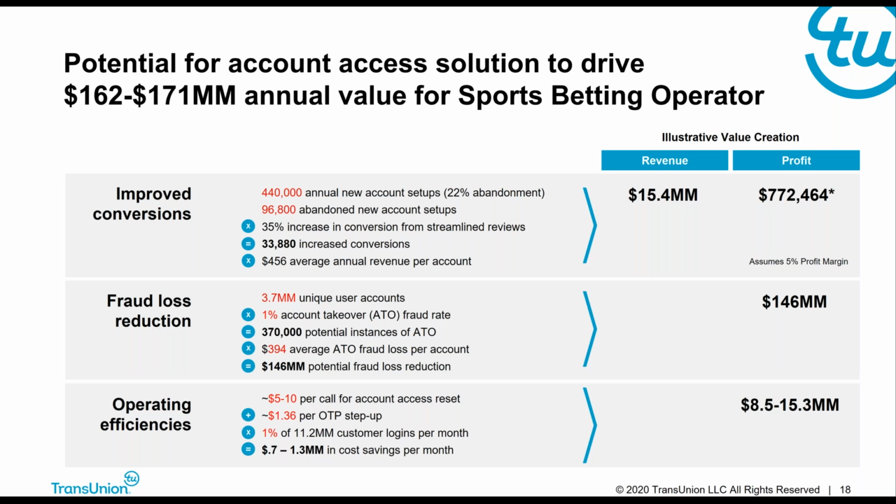And here at the bottom there, you can see that that was the average annual revenue per account. So that was the expected revenue that they would get from each of those new player accounts. And you can see how that all multiplies out there. So that resulted in expected revenue of 15.4 million, which comes out to about 770,000 in potential profit.